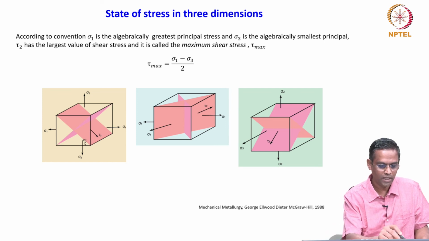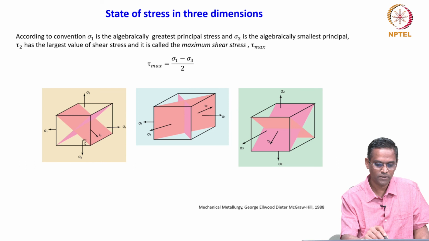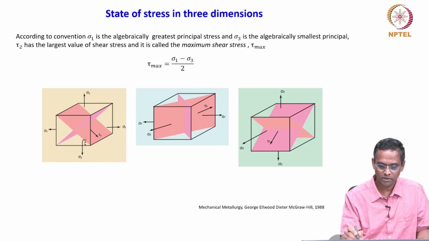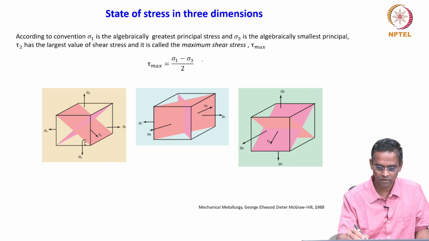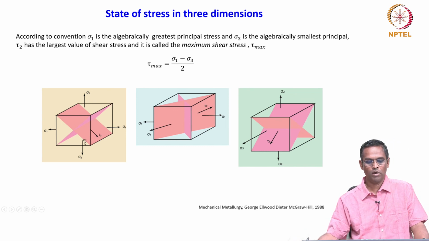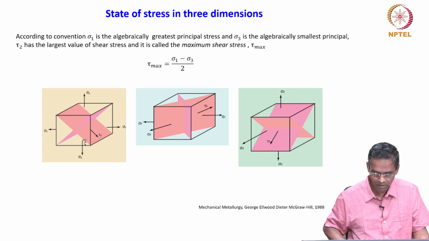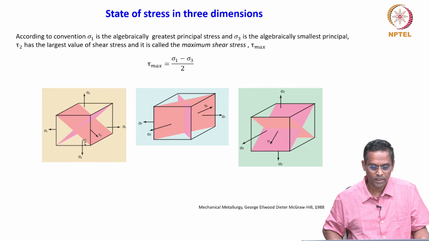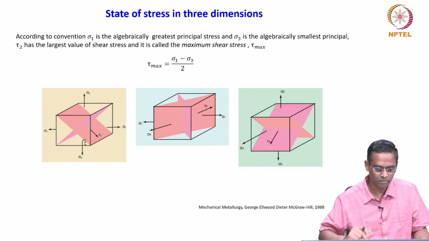So tau 2 has the largest value of shear stress and this is called the maximum shear stress, tau max. This is very important. Tau max is equal to sigma 1 minus sigma 3, and if you look at the table before, tau 2 is the maximum.